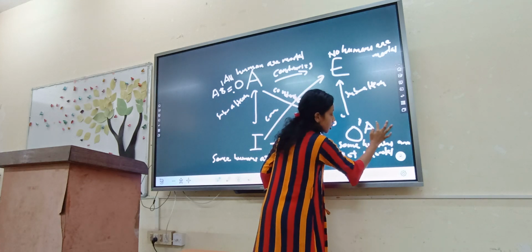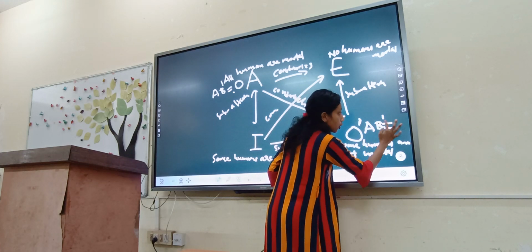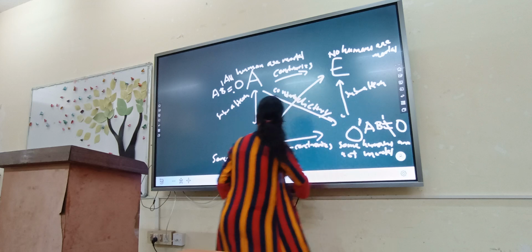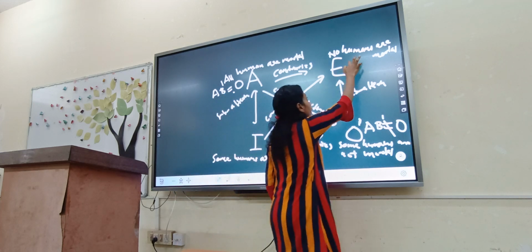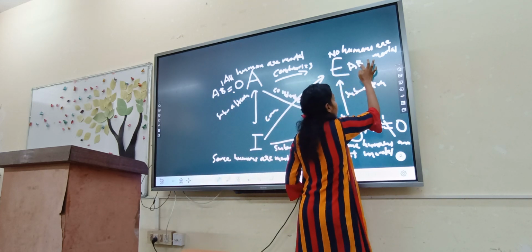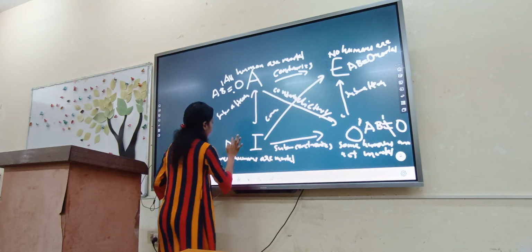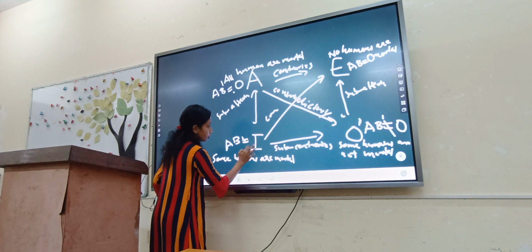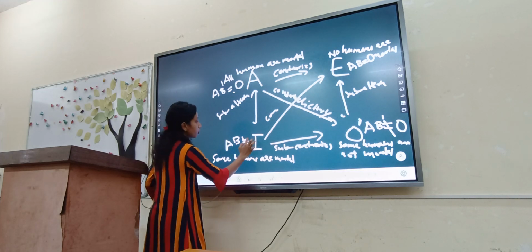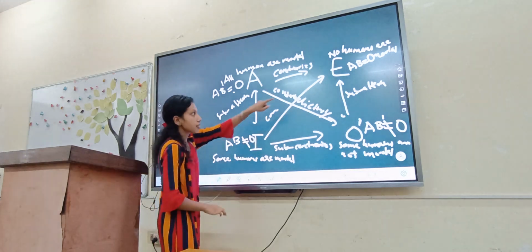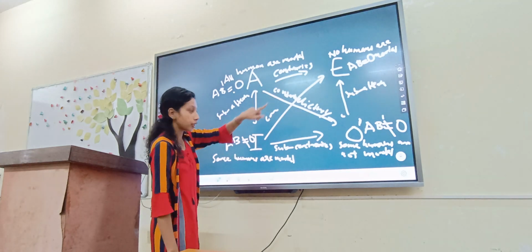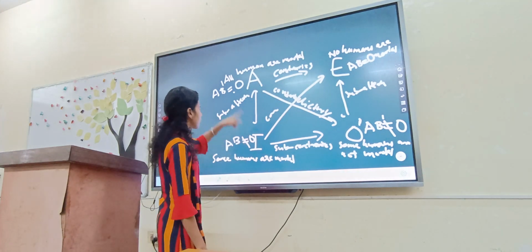If AB equals 0, then AB not equal to 0 is its contradictory. Like this, in a mathematical way we find out the contradictory relations.